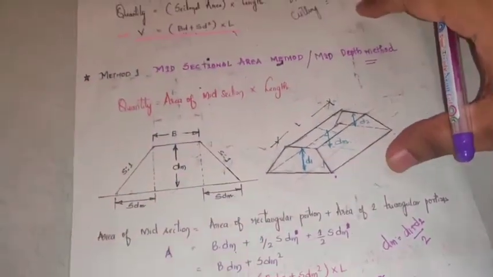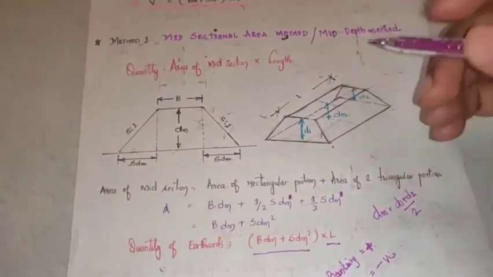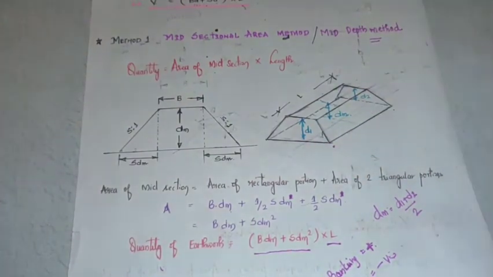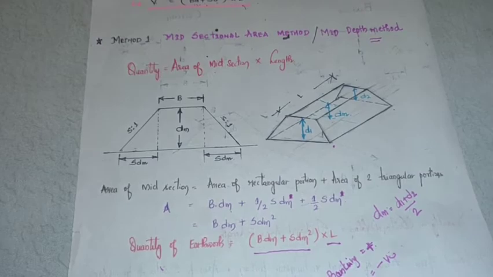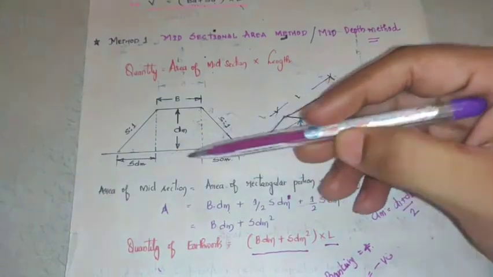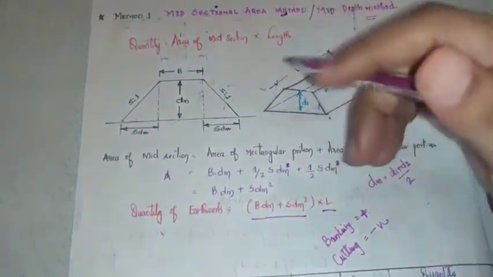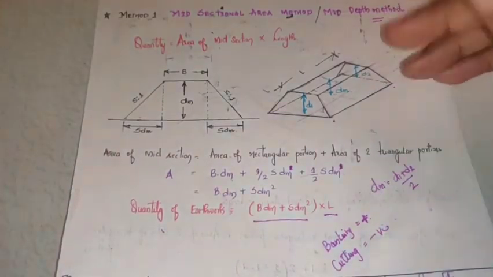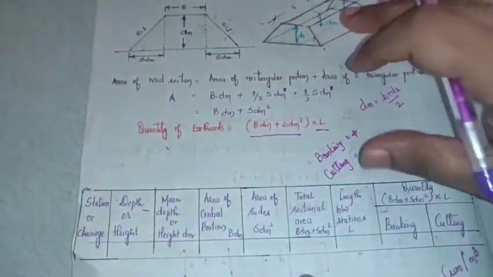So I'll brief it out once again. Depths between the chainages are given. You have to take the mid portion of the 2 points, denoted with the average depth dm. That dm you have to use for the rectangular area and triangular area. You will get the relation B into dm plus S dm square. Multiply that with length and substitute in the tables.